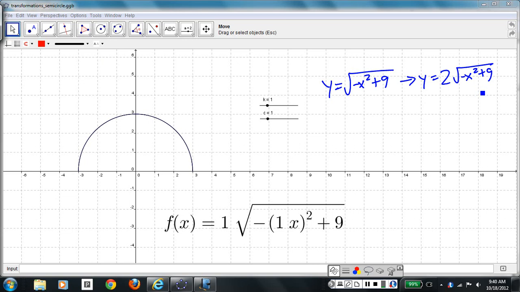When I do that, what's going to happen to points on the graph? Y starts out being what it is, square root of negative x squared plus 9. After the transformation, all the y coordinates are going to be twice what they originally were.